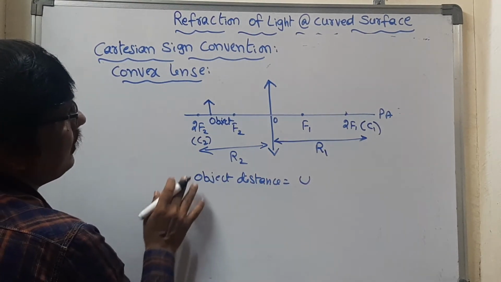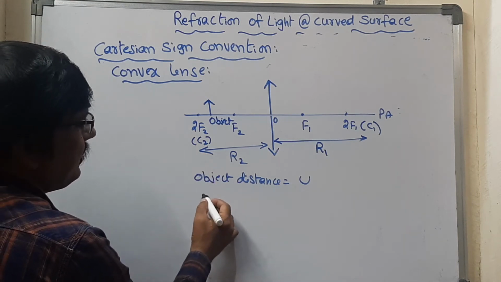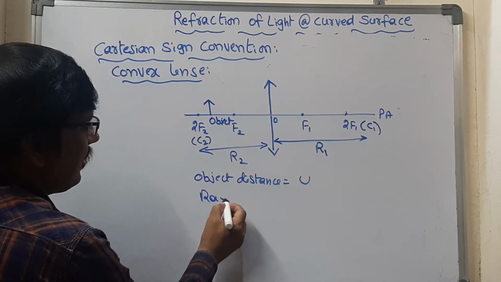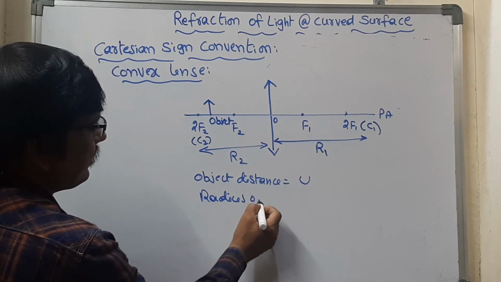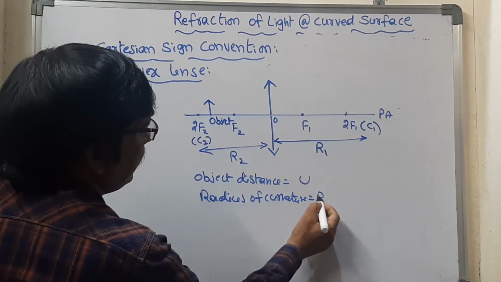What about the remaining, what is present on the left hand side? The radius of curvature on this side is R2, on the left hand side.